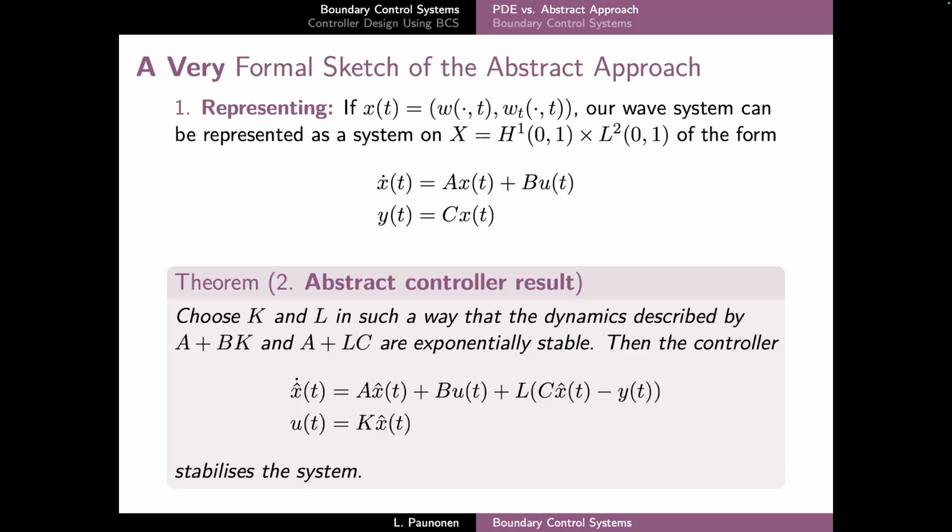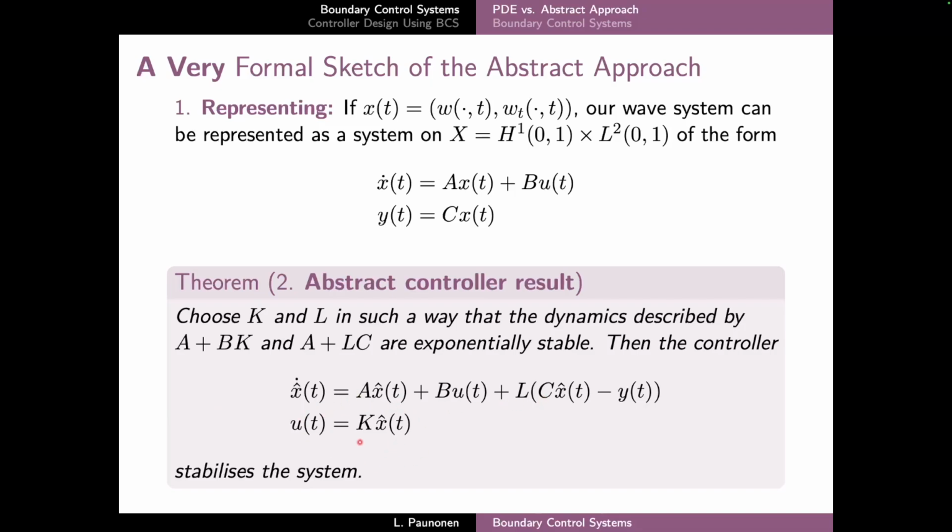For such linear systems, we could apply a general controller design result, which says that if we choose a controller which is a copy of our original system with A, B, and C all making an appearance, but with an additional output injection term, then this kind of a controller can help us achieve closed loop stability. Here, the parameters of the controller are the operators K and L.